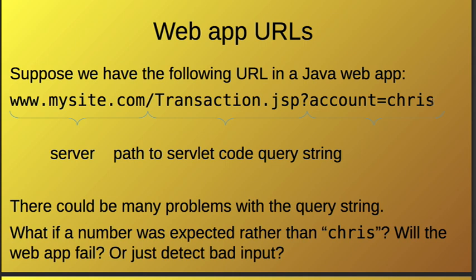Rather than letters, let's say we were expecting an account ID. It's not obvious what will happen if, somehow, the user using a browser was able to send off this web request. Will the web app fail completely? Will it crash? Or will it just detect some bad input and handle that somehow?